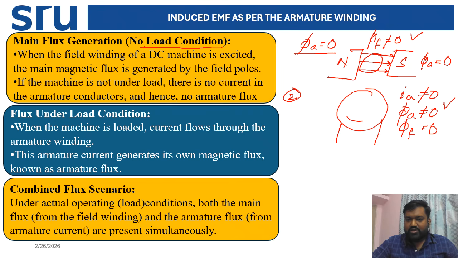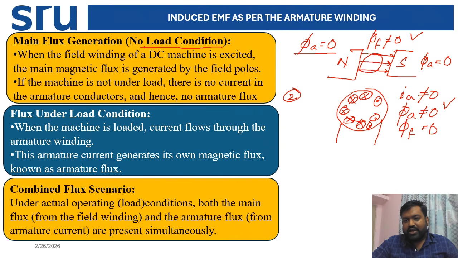Suppose this is the armature current, then definitely if I put the conductors, because we know the armature has slots, slots meaning the empty space like this. If you divide this armature equally, a few of the conductors carry inward current and a few carry outward current.